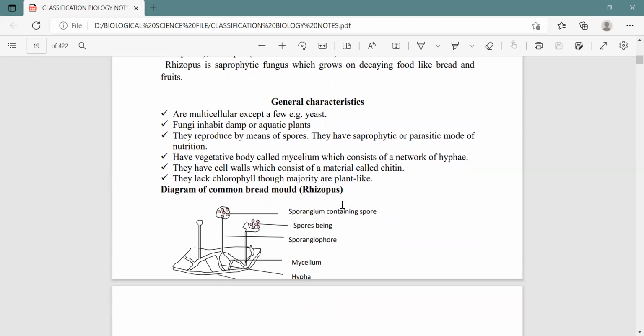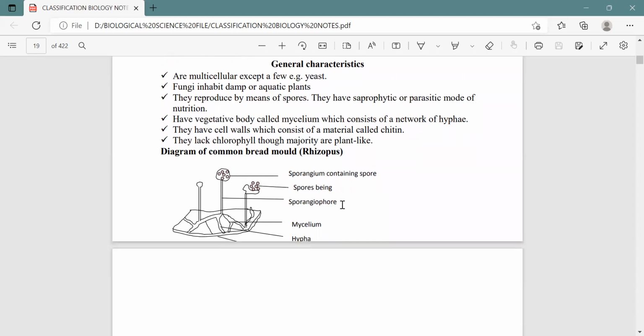But what we see outside the bread is a kind of fruit, like you see the mushroom. But here we see a sporangiophore, and then what we call a sporangium. A sporangium is a spore-bearing sac.